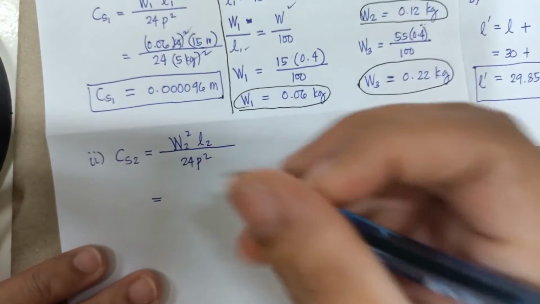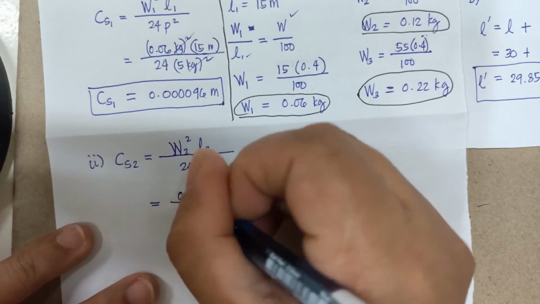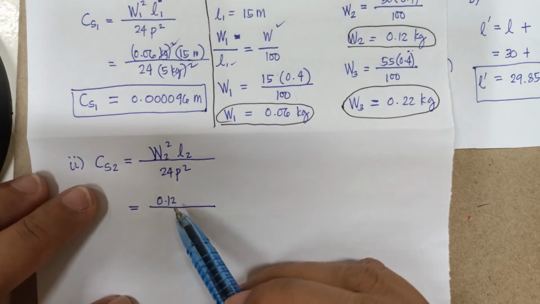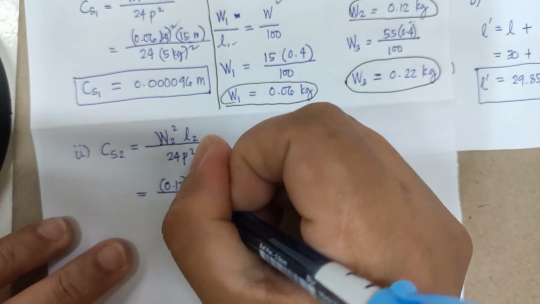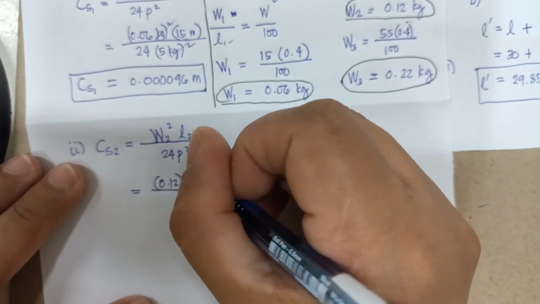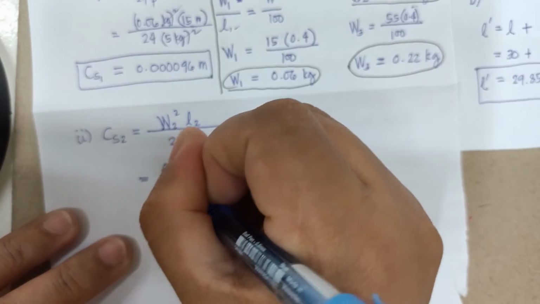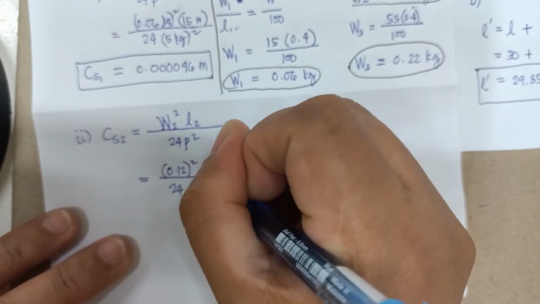So substitute the values. We have 0.12. I will no longer write the units because it's already shown here. We have squared and the L sub 2, that is 30, and we have 24 times 5 squared.